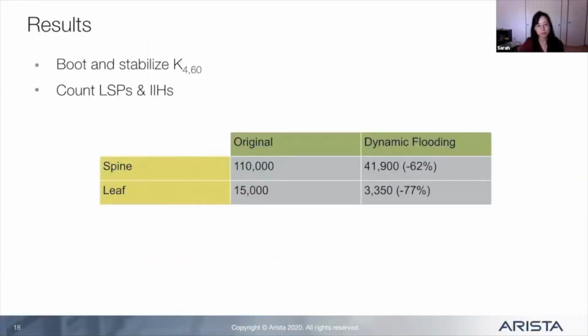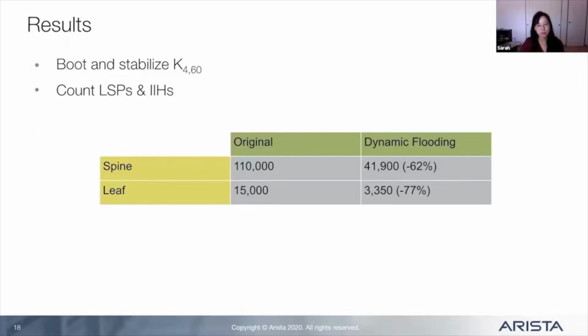Here are some numerical results. We boot up a leaf-spine topology with 4 spines and 60 leaves, and we count the LSPs and the IIHs during the process.